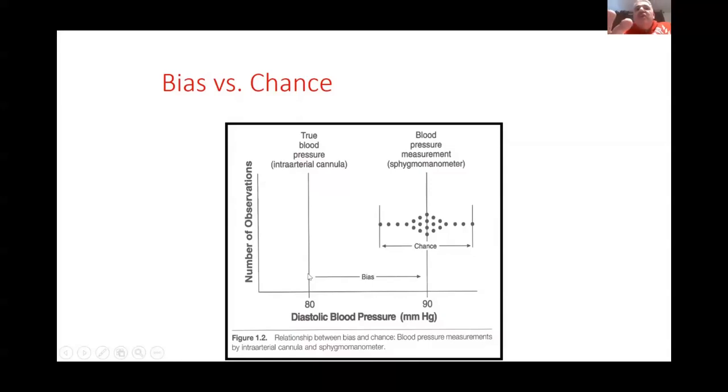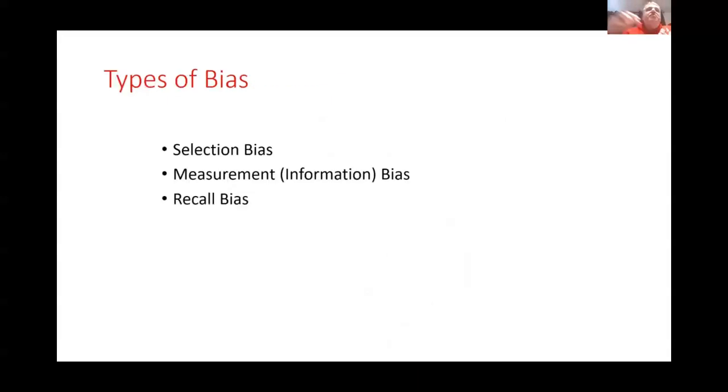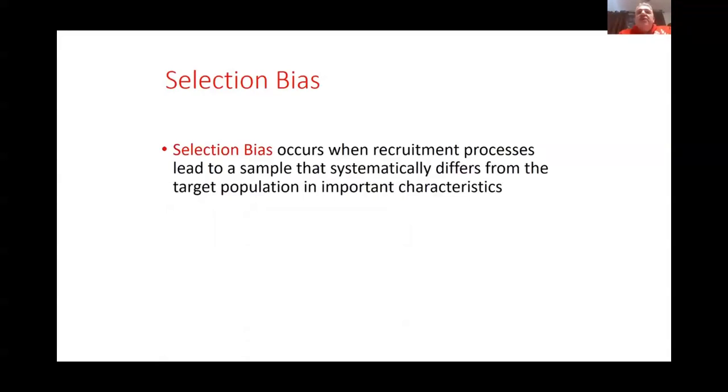But if I'm using a totally different device, an intra-arterial cannula, the value I obtain here is due to bias because I have a different measurement device. So the values here are due to chance, but the difference between intra-arterial and sphygmomanometer is due to bias because I did not standardize my measurement devices.